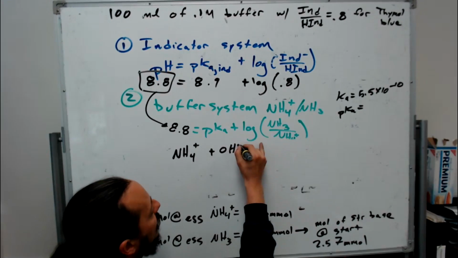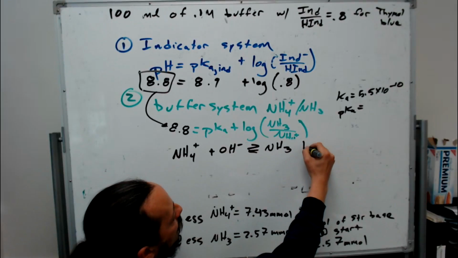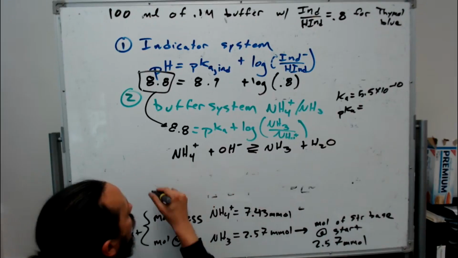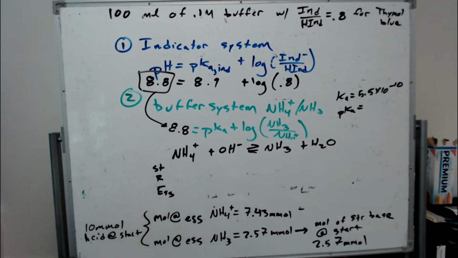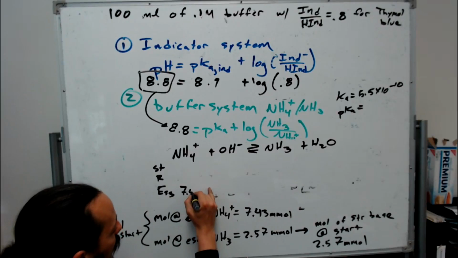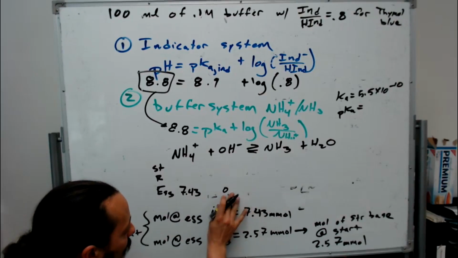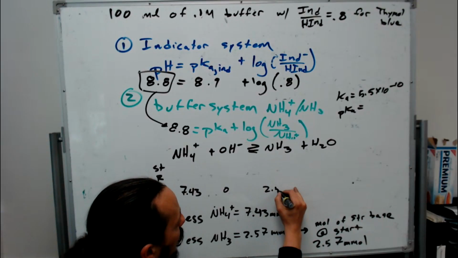Plus OH- goes to NH3 plus H2O. I'm going to do a start, reaction, excess. The things that I calculate are my excess numbers. That is to say, I know that I want 7.43 there. I know I want 0 there. And I know that I want 2.57 here.